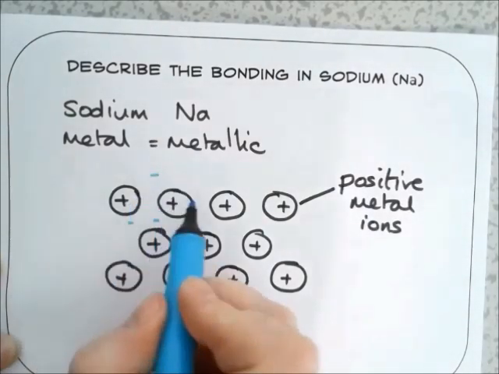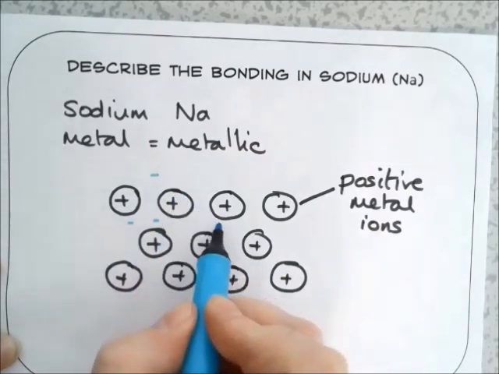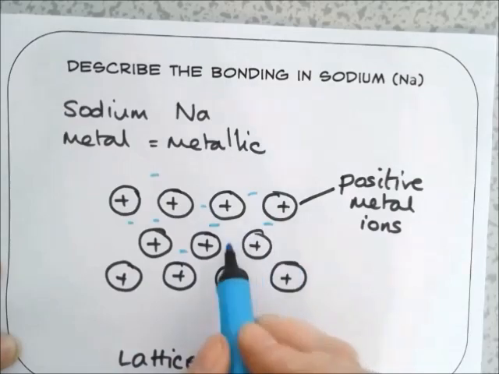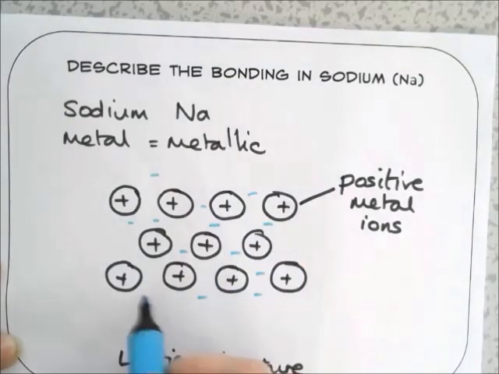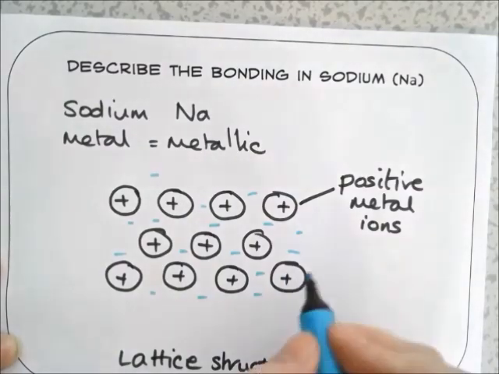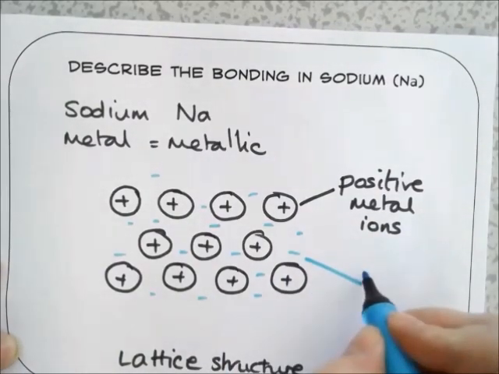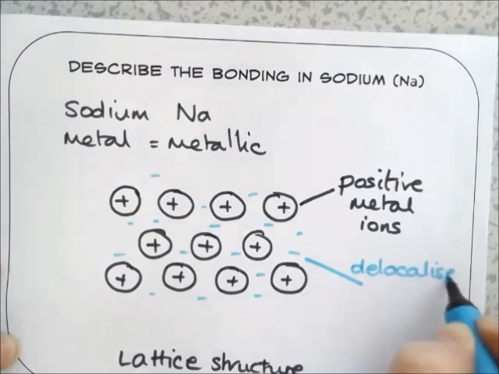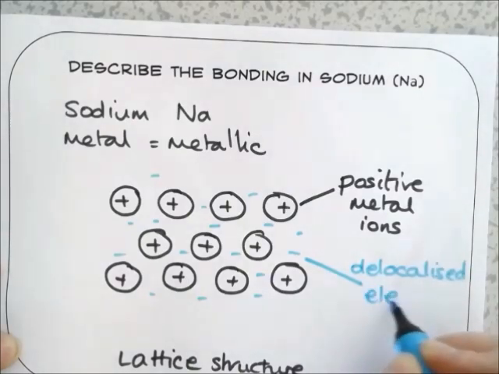So we now need to show the negative side of this equation, and that's the electrons that are spread throughout this regular lattice. So we've just shown delocalized electrons, they're spread throughout the lattice, and we just need to label them delocalized electrons. They can be spread any way you like.